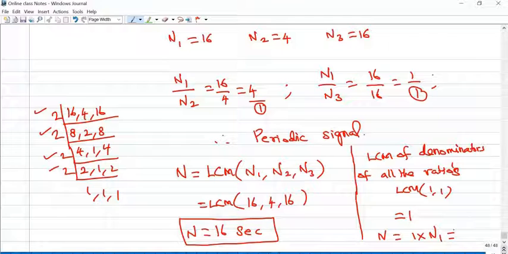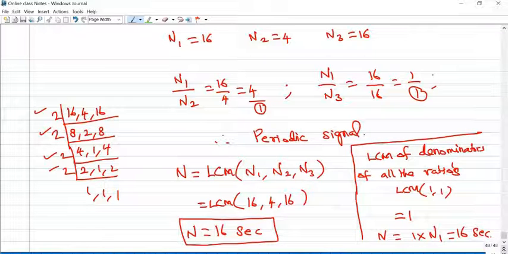What is N1? 16. So 1 times 16 equals 16. This is an alternate method to calculate the fundamental time period: the LCM of the denominators of all the ratios, with the final result multiplied with N1, or the LCM of N1, N2, N3. Both will give the same result.